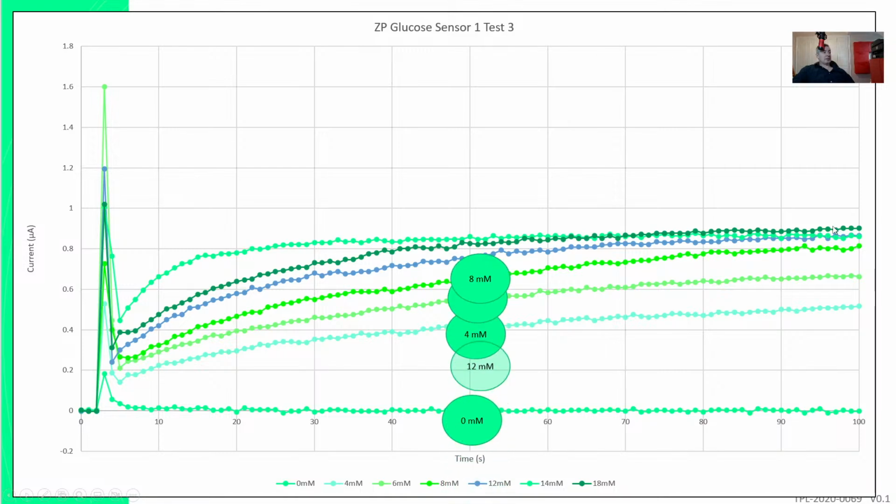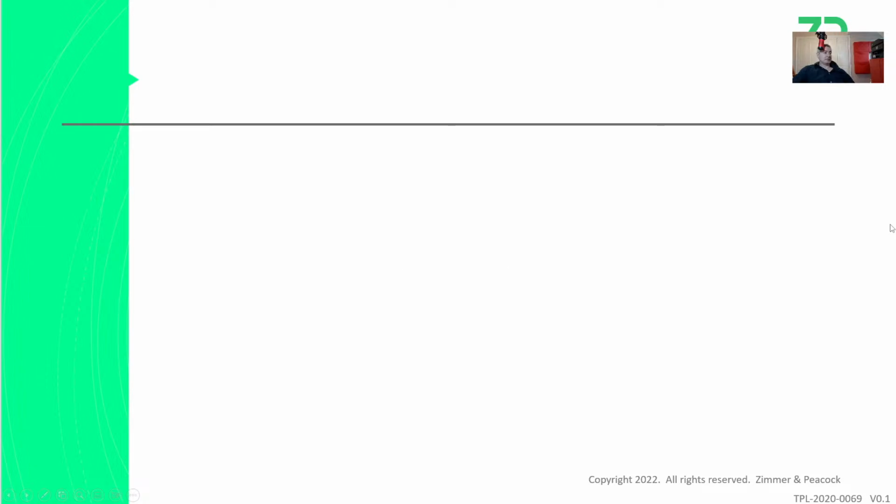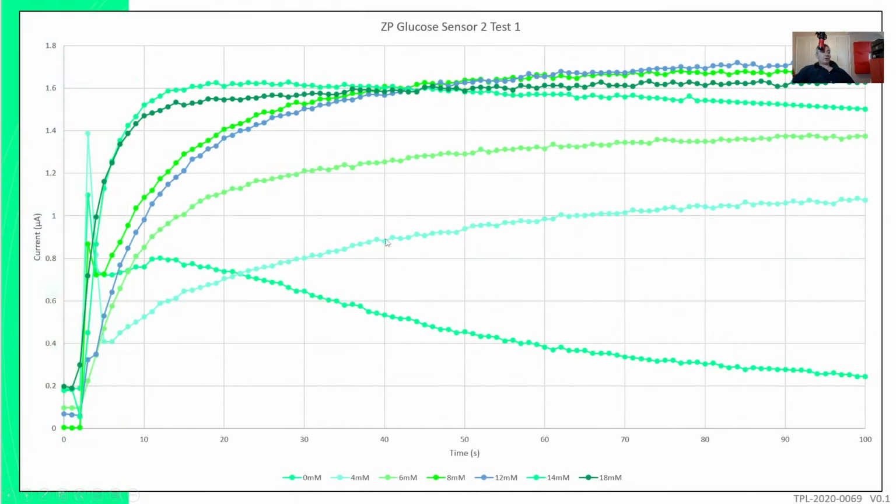This one, I can see, in fact, it's not behaving itself. But I think it's behaving itself a little better later on. But again, you didn't wait the 100 seconds. No criticism. It's just a reflection on the data. Sensor 2, test 1. No, I ignored this. I could see some of these signals were really mixed up and messed up. But you can see something goes on here. So no big issues.